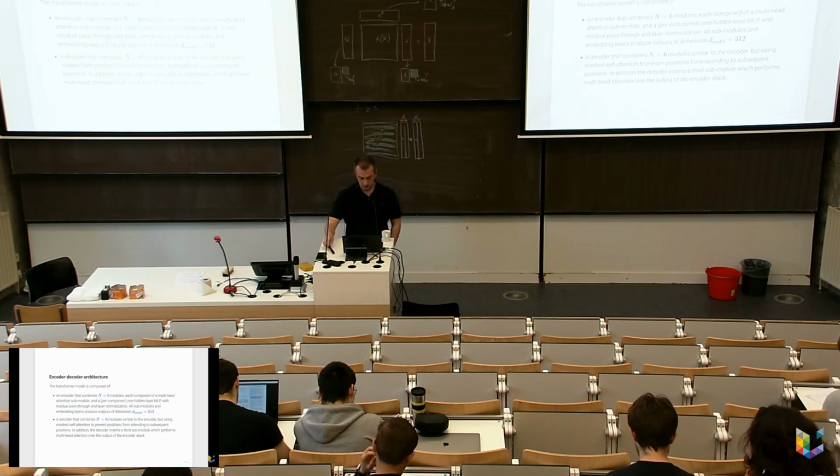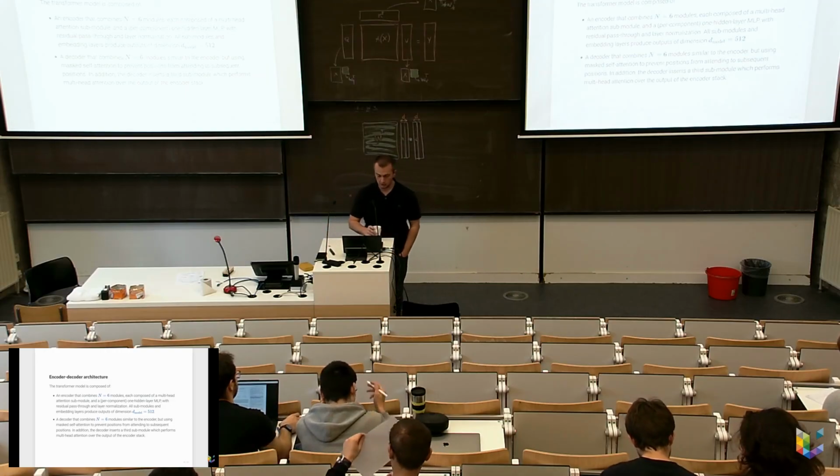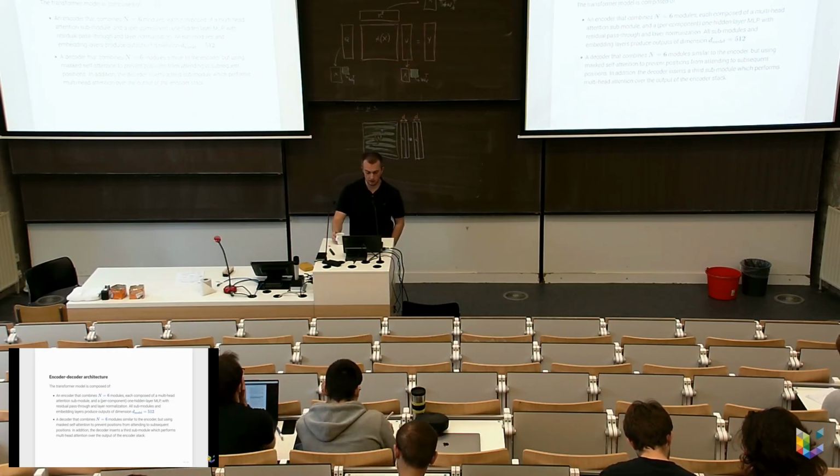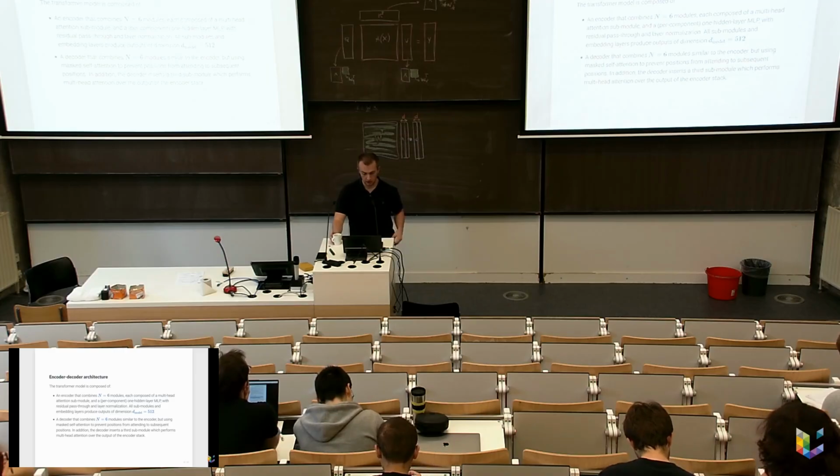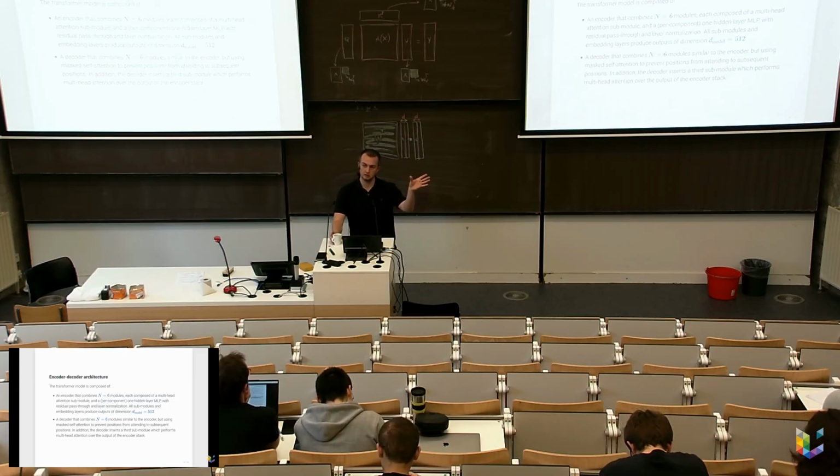Then, in the transformer architecture, the original one, they proposed again an encoder-decoder architecture, where you have an encoder ingesting the input sequence, like in English, and then you have the decoder producing the output sequence, in French, for example.